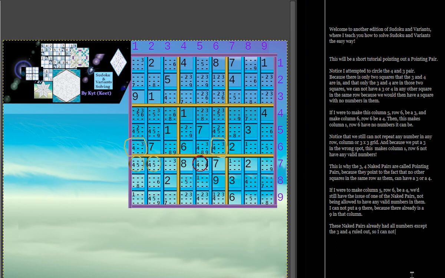So I cannot just make up a number and put it in anyway. I'd be duplicating numbers within the same column, row, or 3 by 3 grid.